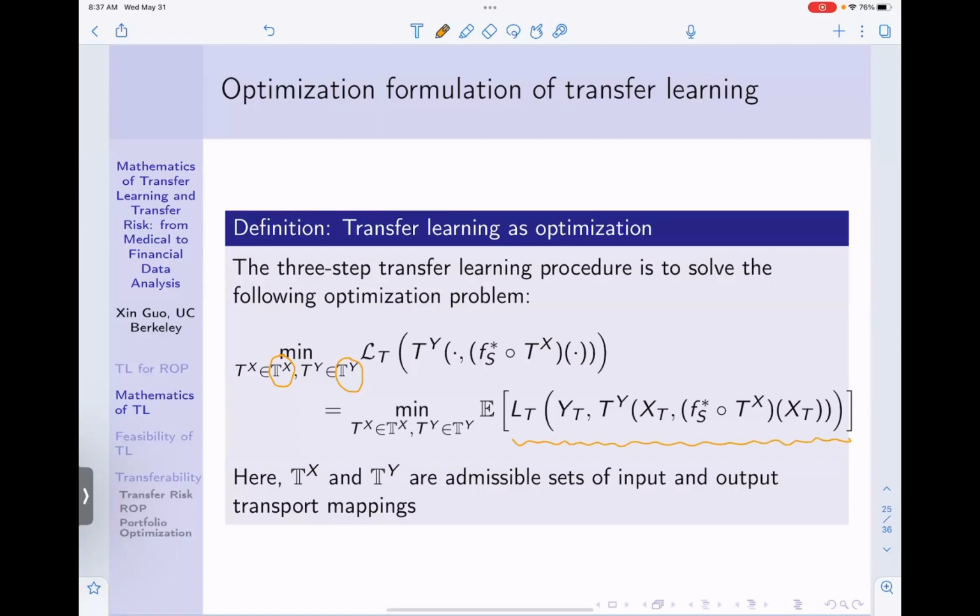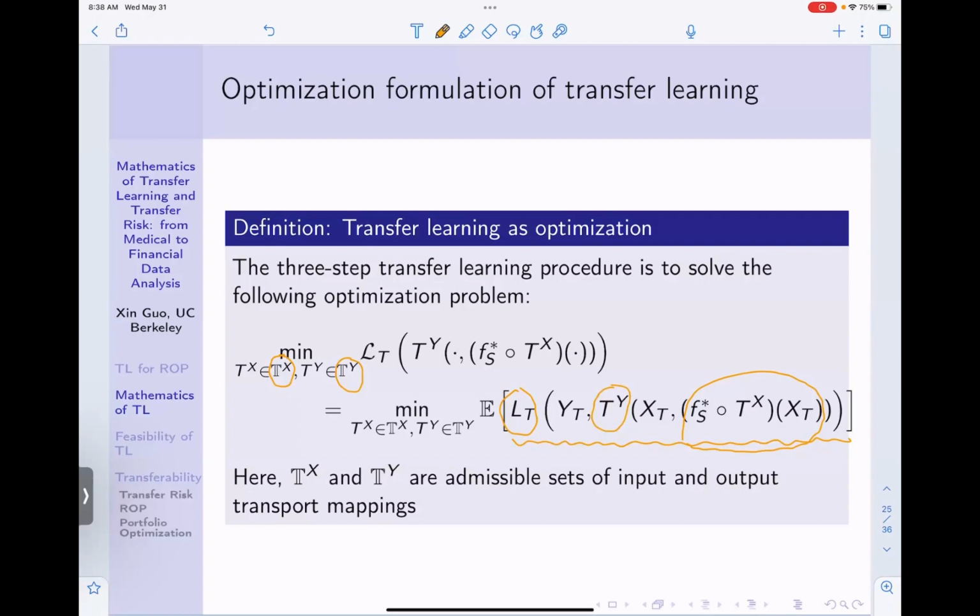optimization problem. The way I wrote it here is nothing but taking the loss function and remapping these images of the XT target task through this pre-trained model, and then comparing. This is basically the output of TY.